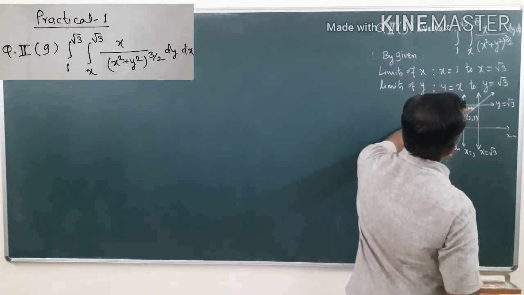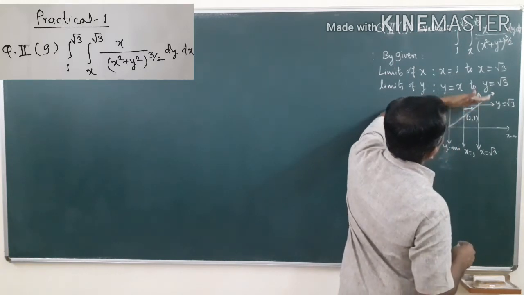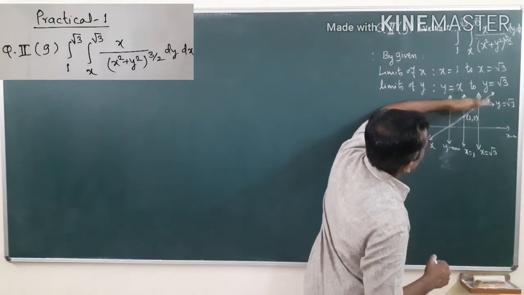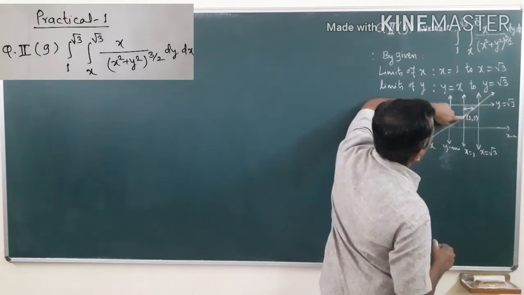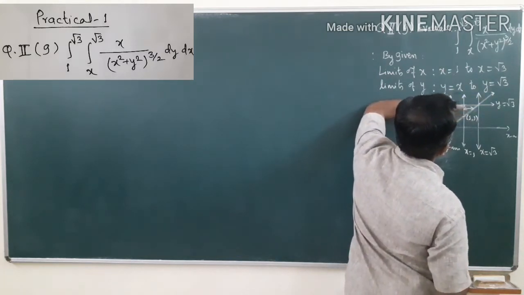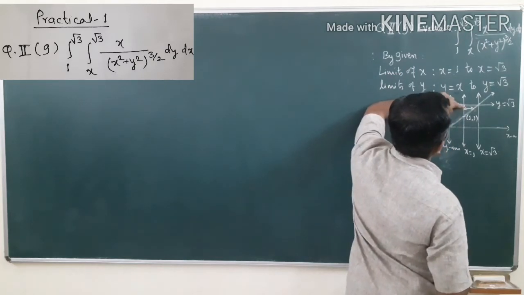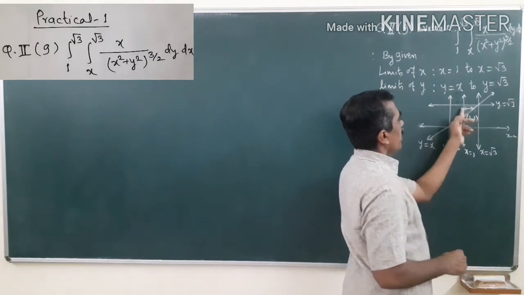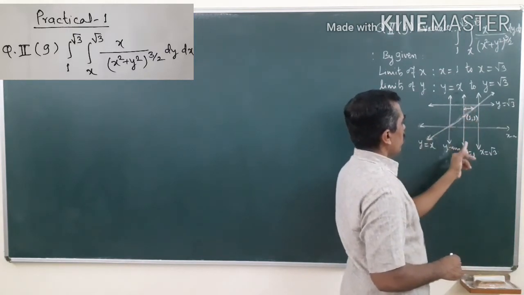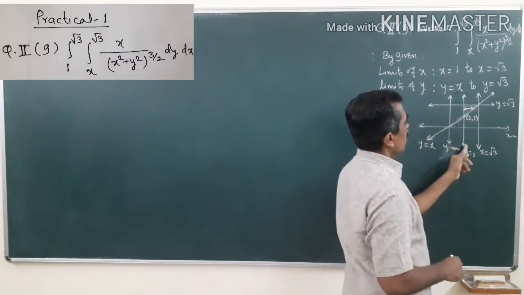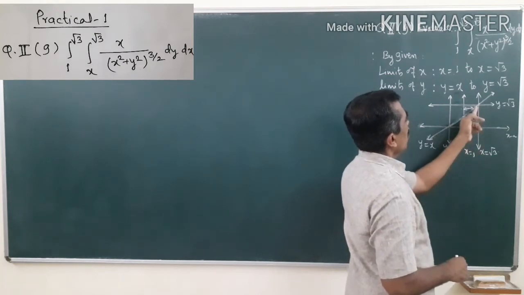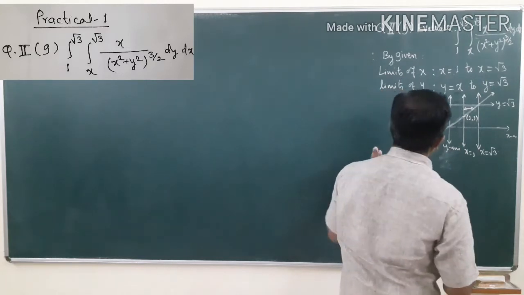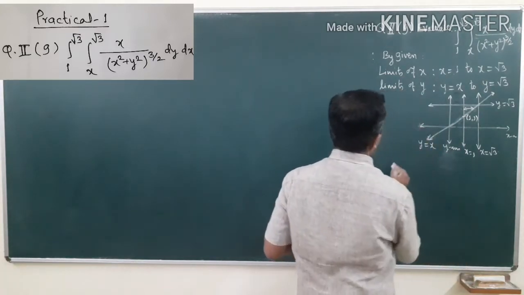So, take a line parallel to x axis in this region and move it along in the direction of y axis in the region of integration. So, it will move from y is equal to 1 to y is equal to root 3, and to find the limits of x, its left hand will lie on x is equal to 1 and its right hand will lie on this line, the line x is equal to y.